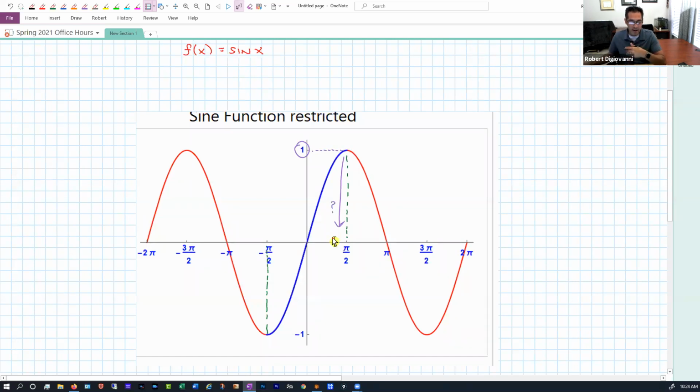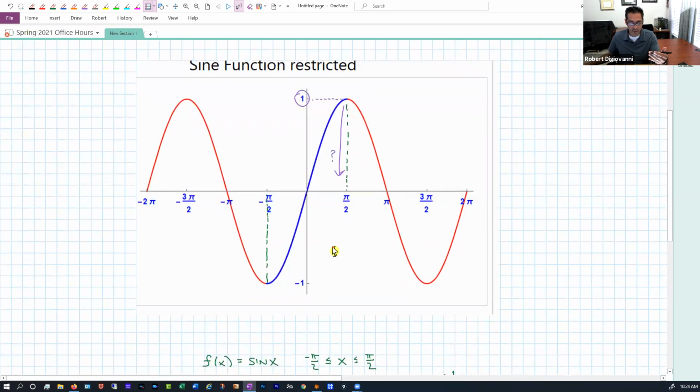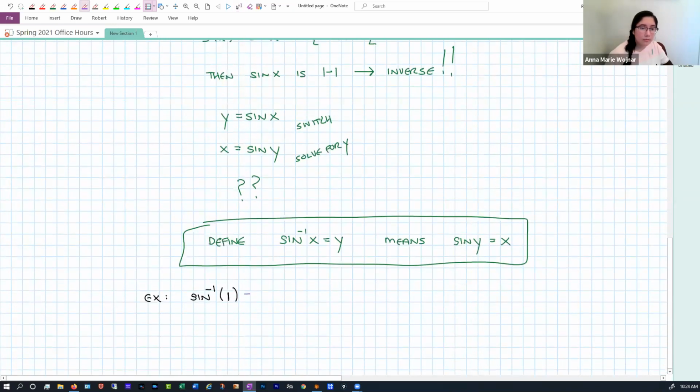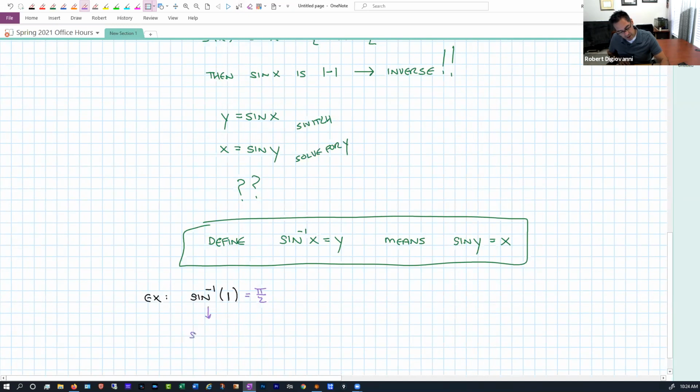So what angle do you plug into the sine function so that it spits out 1? 90 degrees or pi over 2. This should be equal to pi over 2. So another way of looking at this is to say sine of what angle equals 1, question mark, and the answer is pi over 2.